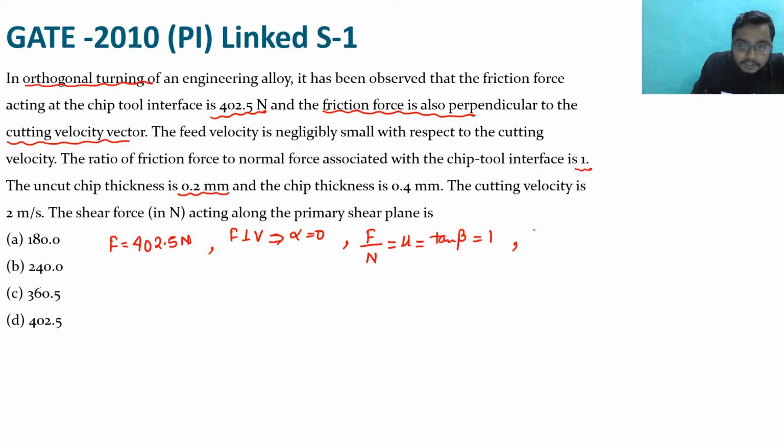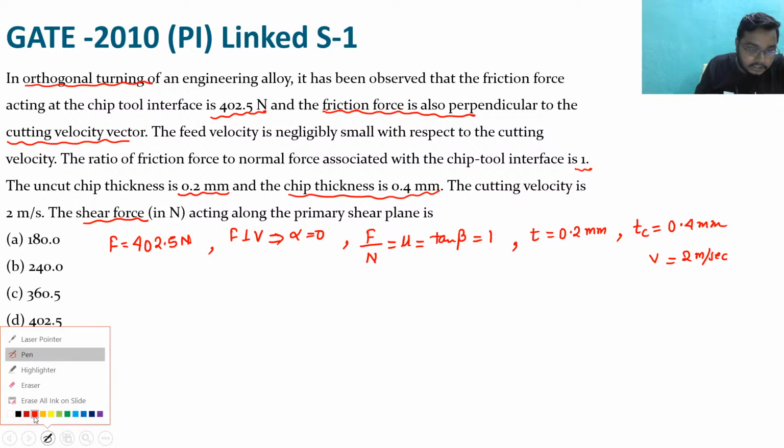The chip thickness TC is 0.4 mm. The cutting velocity is 2 meter per second. Find the shear force acting in the primary shear zone.